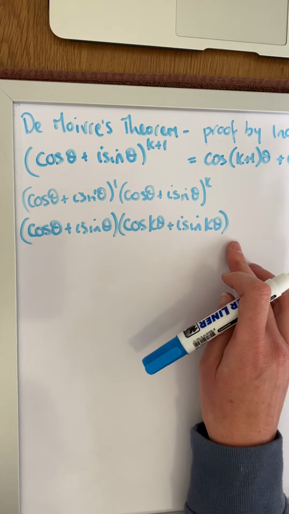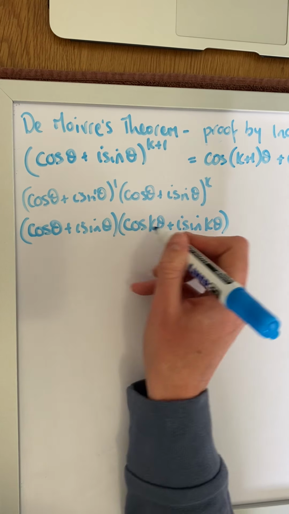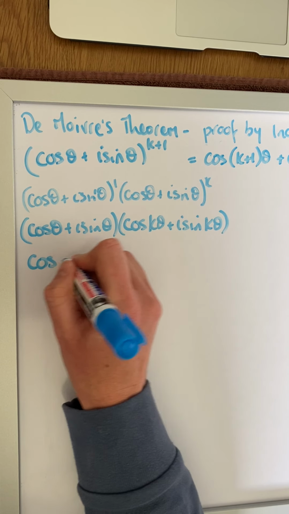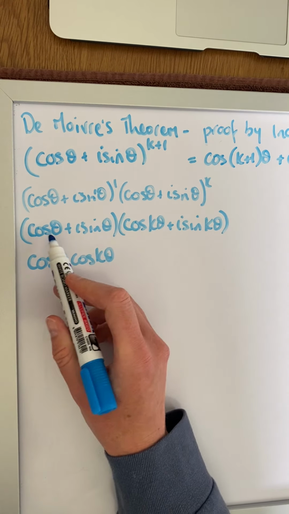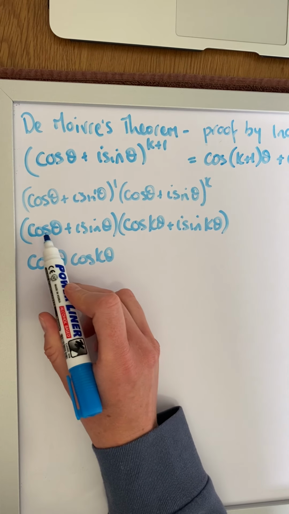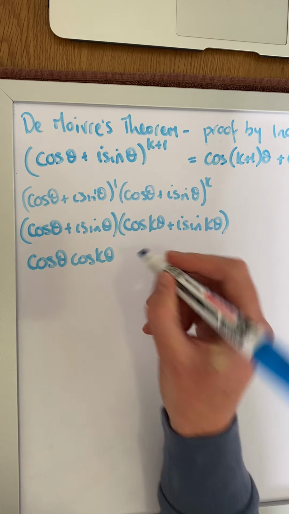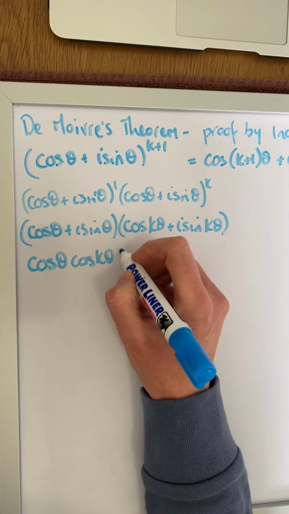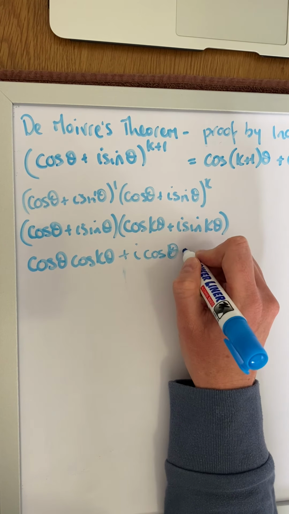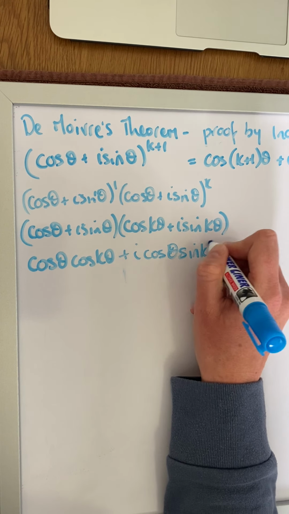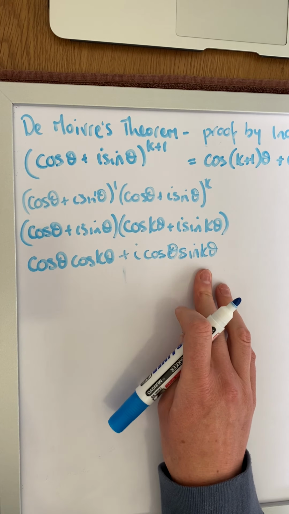The next step is to multiply everything out. So we have cos theta multiplied by cos k theta. That's our first element. Next, cos theta by i sine k theta. That's our second element.